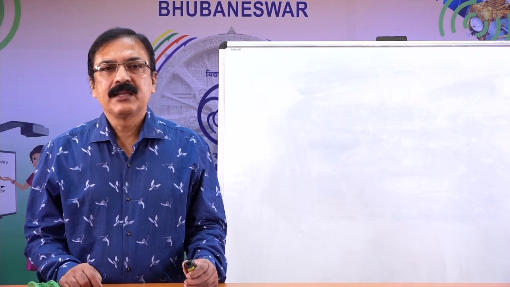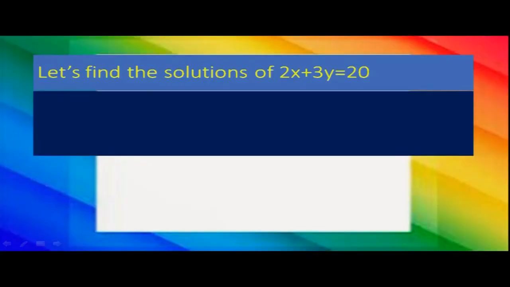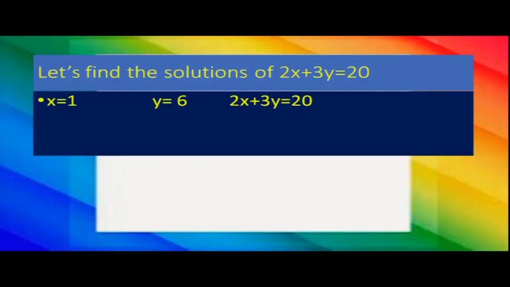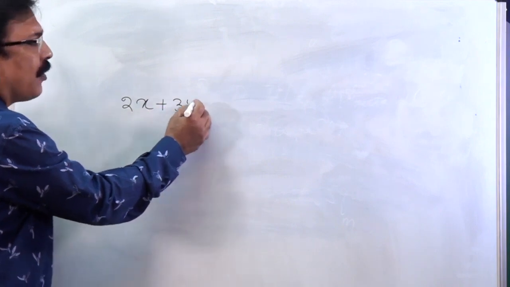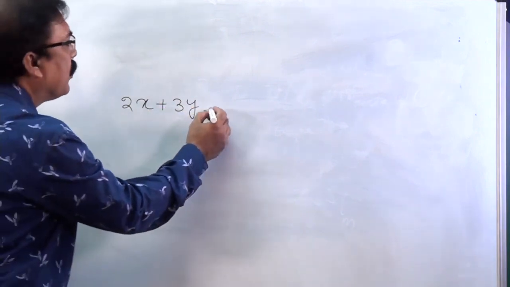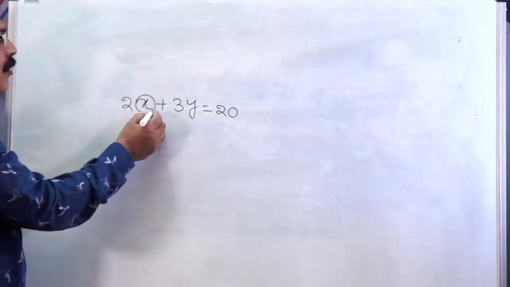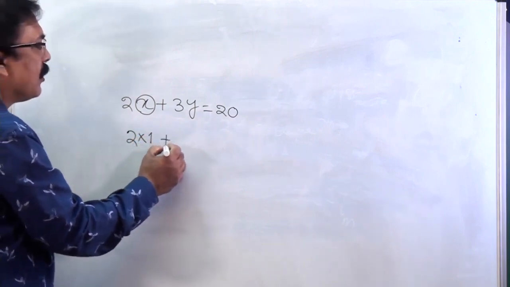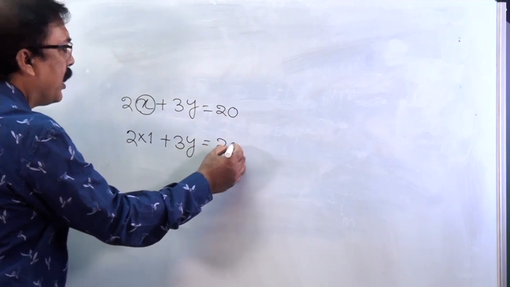Let's see an example. Let's find the solutions of the equation 2x plus 3y is equal to 20. If we put the value of x as 1, what will be the value of y? Here it is written y is equal to 6. Let's examine. 2x plus 3y is equal to 20. If we put the value of x as 1, what do we get? 2 into 1 plus 3y is equal to 20.